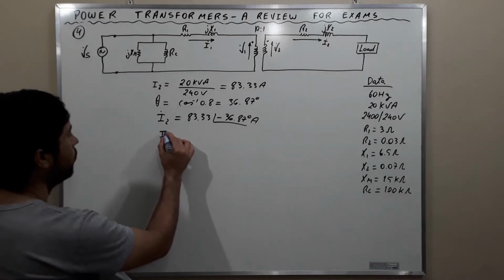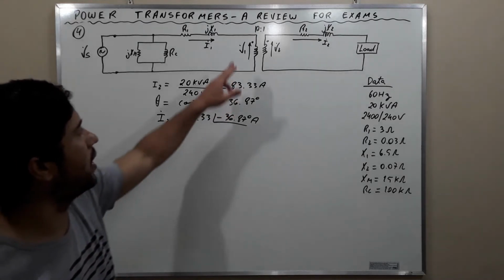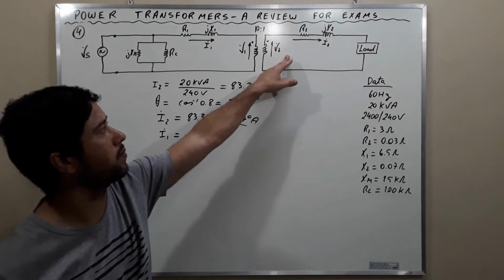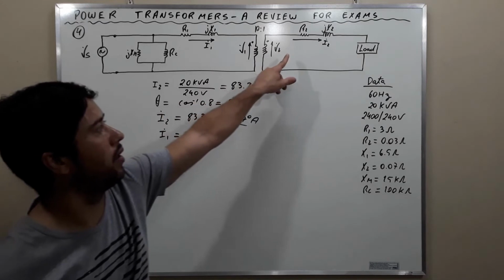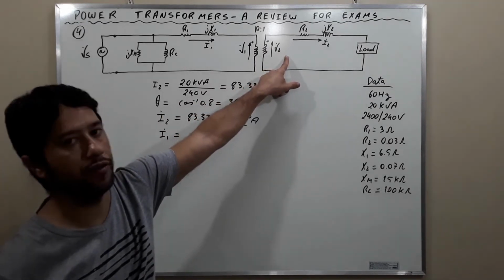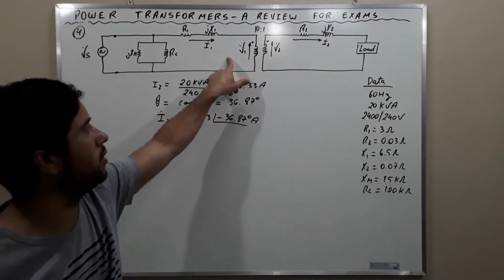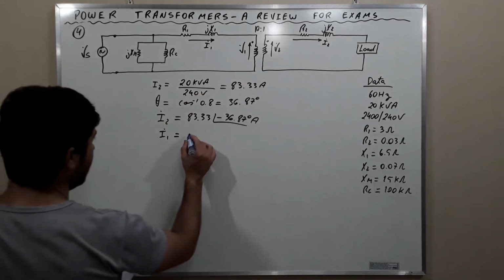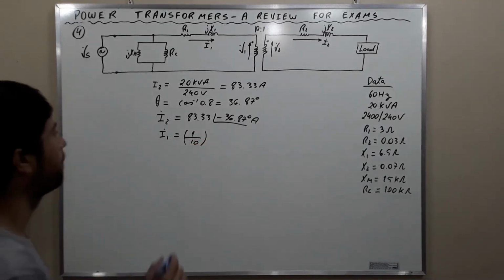Therefore, I1 is equal to, observe that it is a step-down transformer, meaning that the voltage here is greater than the voltage here. Conversely, the current here has to be smaller. Alright? So I1 is equal to a tenth of I2.